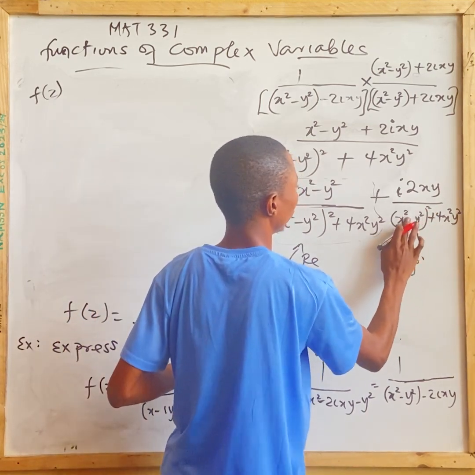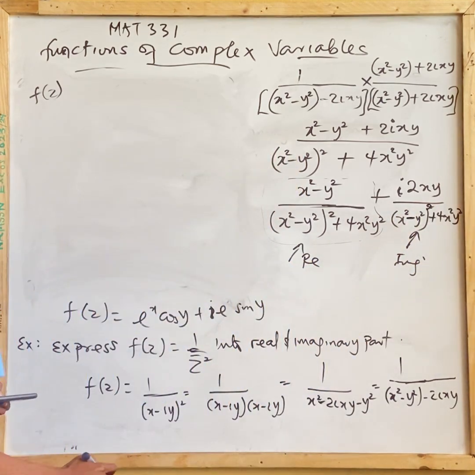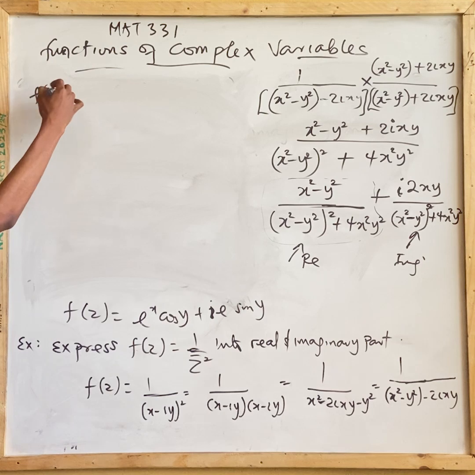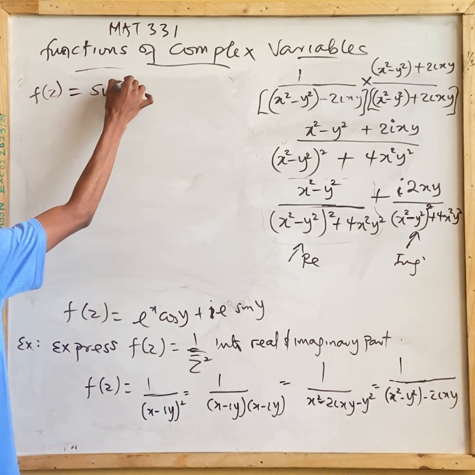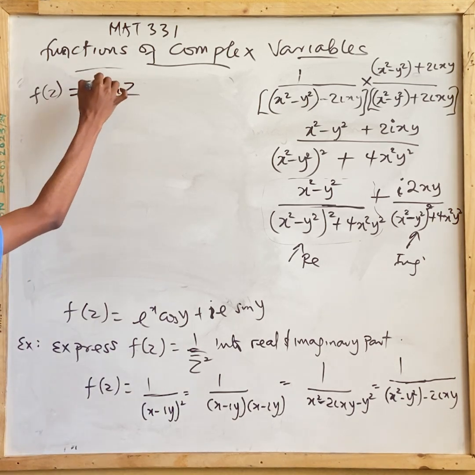Oh yeah, sorry, this is x squared minus y squared all squared plus 4. Thank you. Suppose I was given f of z equals sine z to separate into real and imaginary parts, sine z.